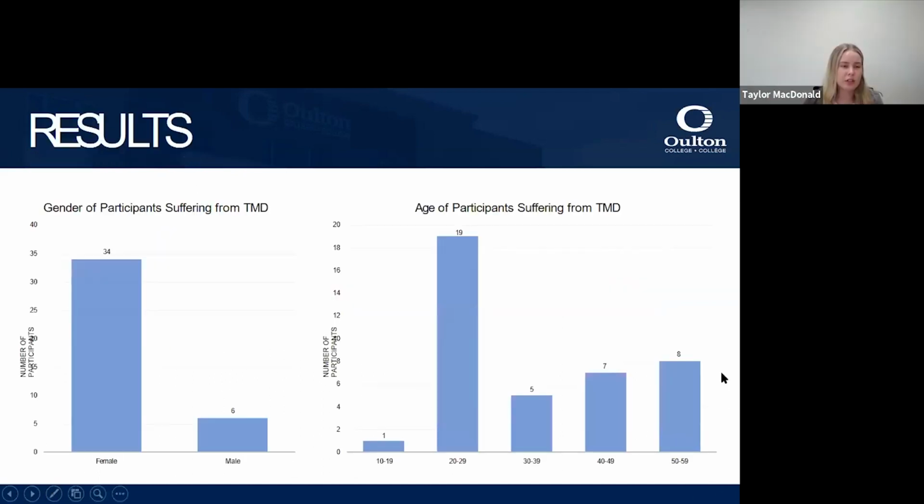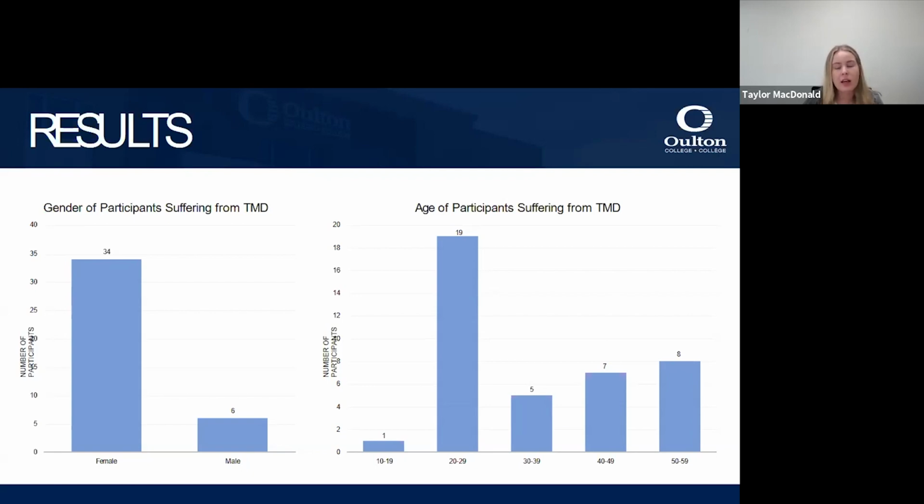So for the results from our survey, we gathered some basic information, some of which included gender and age. For gender, we had 40 participants total, and of those 40, 34 were female, which correlated well with the previous background research that we had done, saying that females were 2 times more likely to experience TMD, which also showed with our survey.